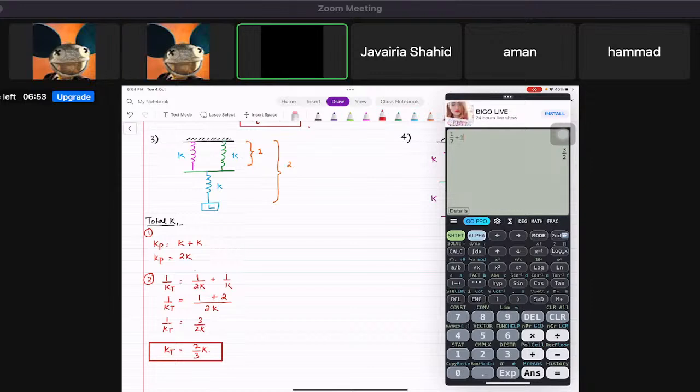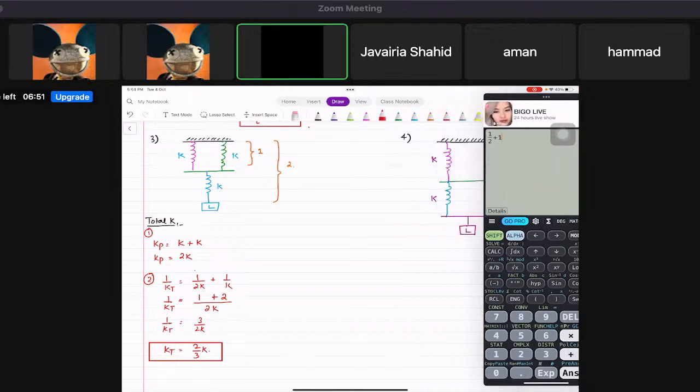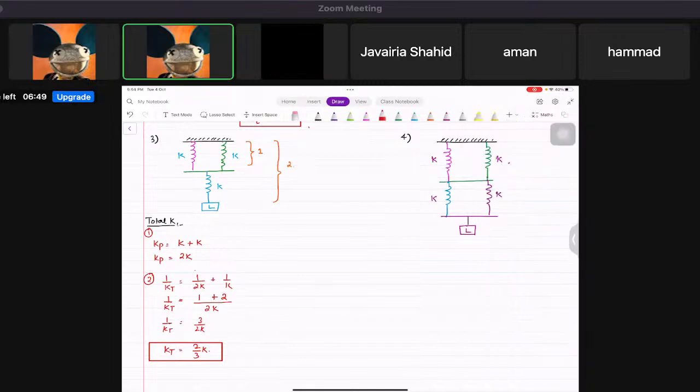Yes. Okay, now, since we got the total spring constant of the combination, we can go towards the total extension. Now for total extension, if there was one spring, we know that F is equal to Kx. For one spring, the load was L, K was K, the extension was this.